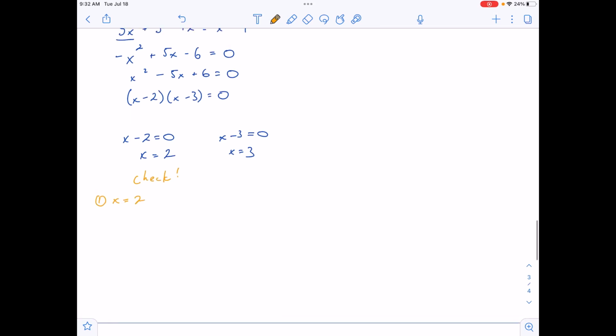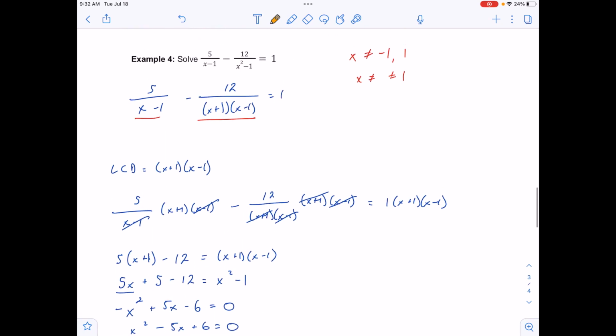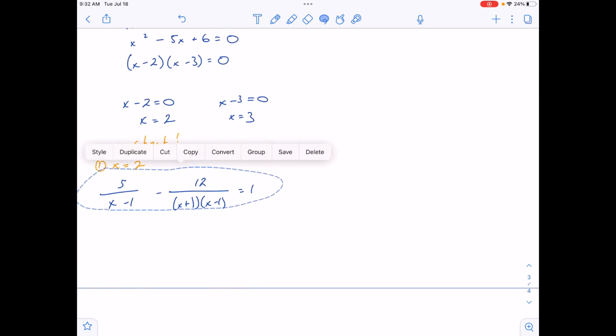Our first check is going to be at x is equal to 2. My original equation, I'm just going to bring it on down.